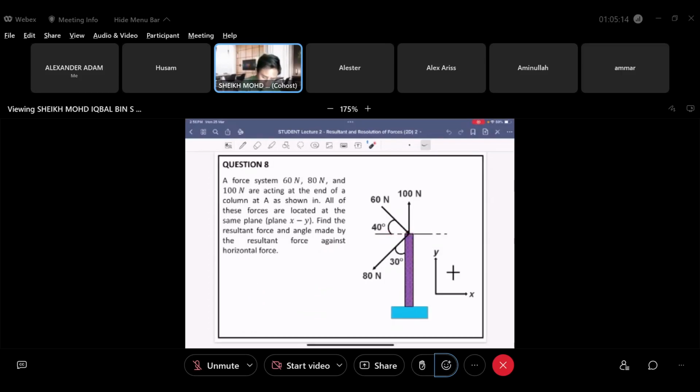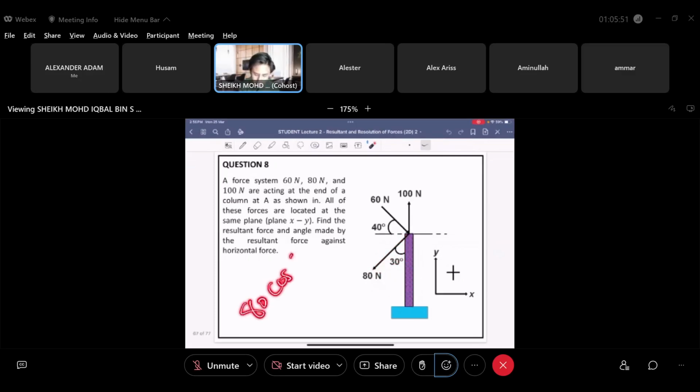Same thing, if you make a triangle here, the y part is 60 sin 40 degrees, and it's minus because it's going down into the negative direction. Then if you go to the third force and make a triangle here, the horizontal part, which is this one, is 80 cos 30 degrees.